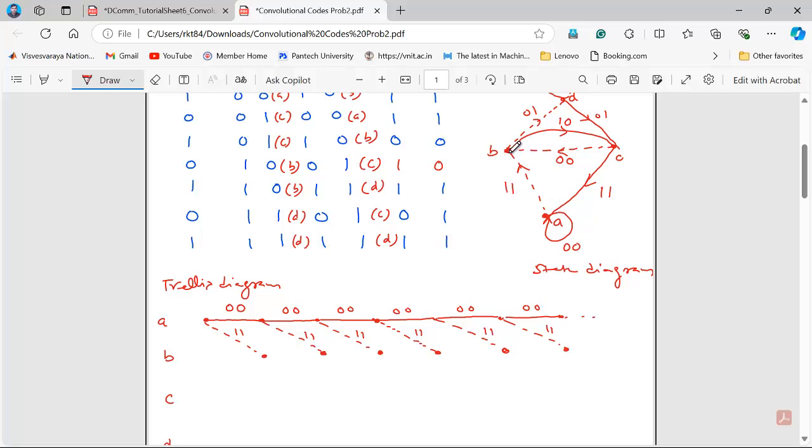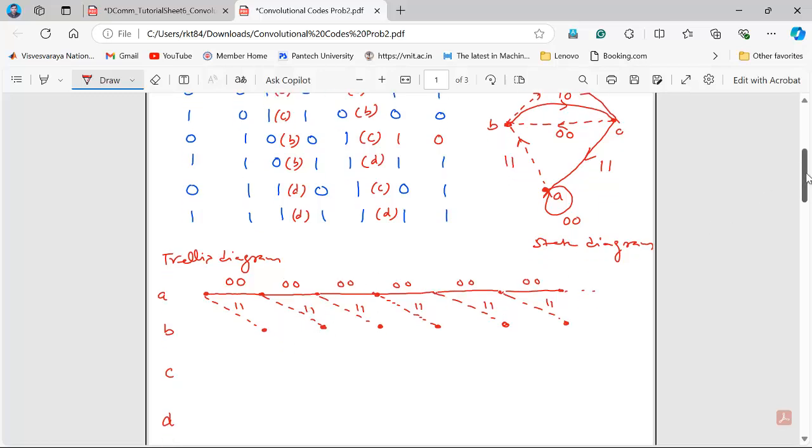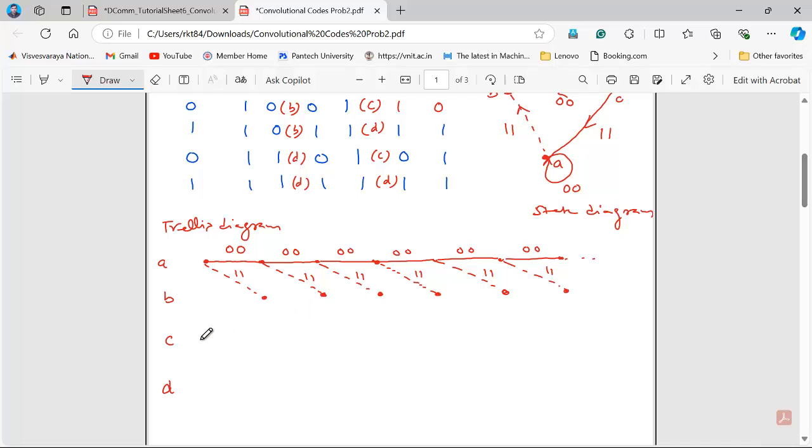Now come to B. From B we are going to D and C. When going B to C, you will draw the next nodes here, at C, because it is in time.